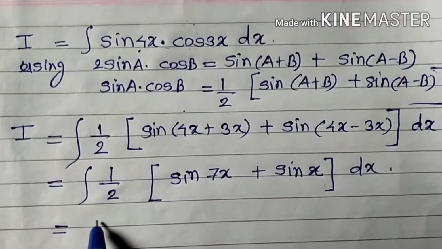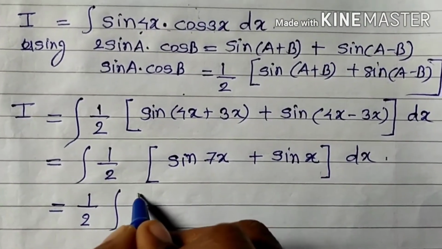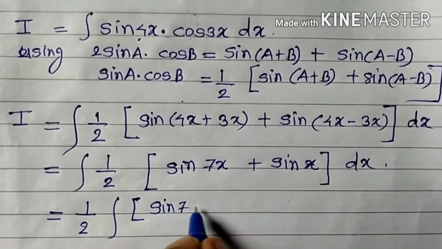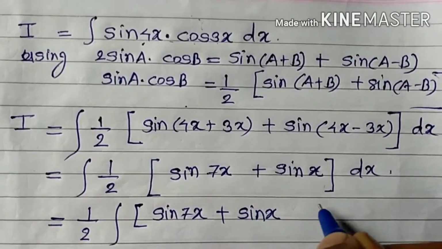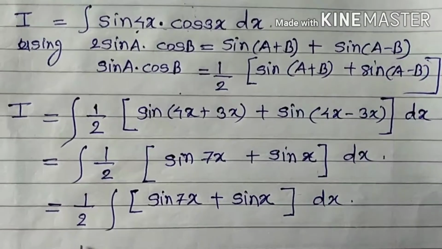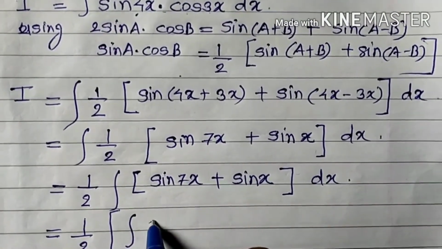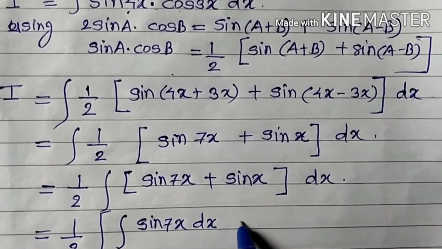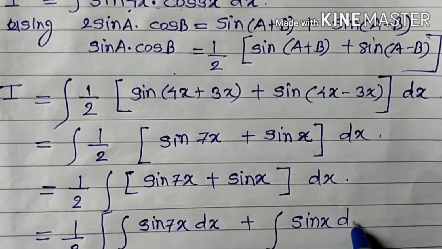Now 1 by 2 is a constant, take it outside of the integration. This integration is like that, sin 7x plus sin x dx. Now separate the integration, so it will become the integration of sin 7x dx plus the integration of sin x dx.